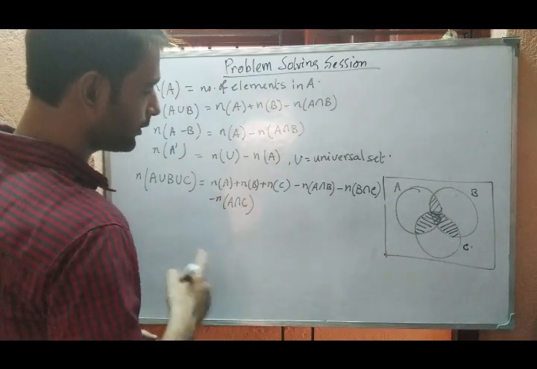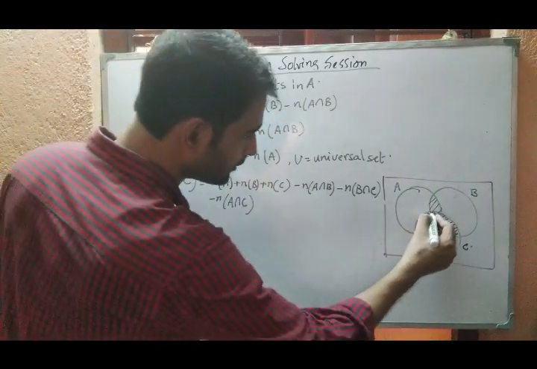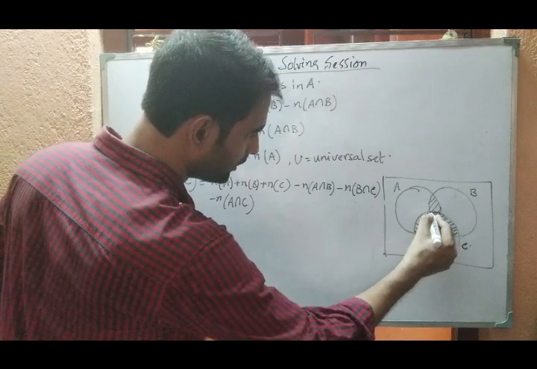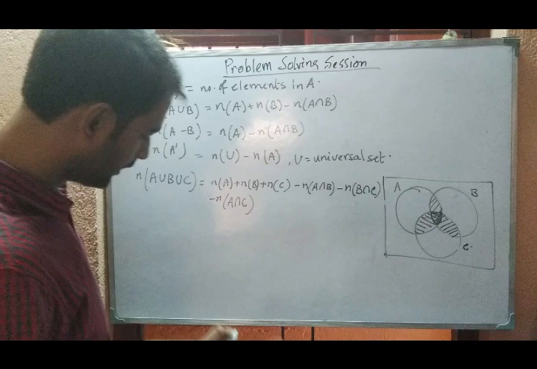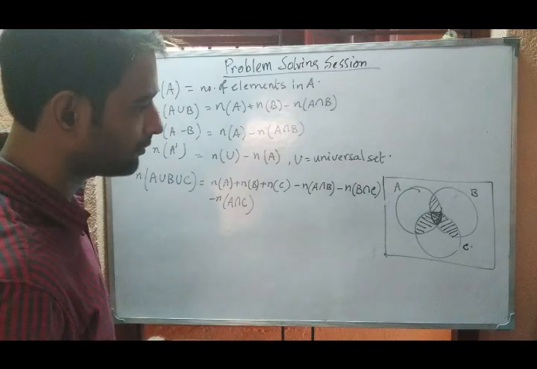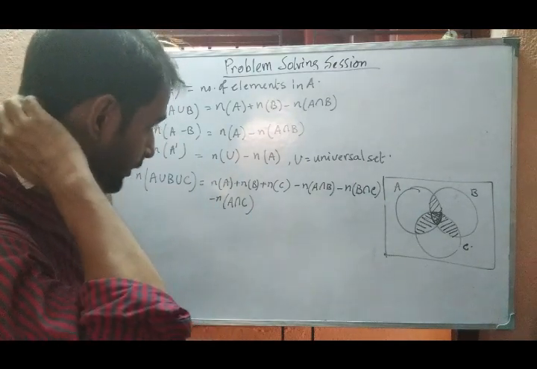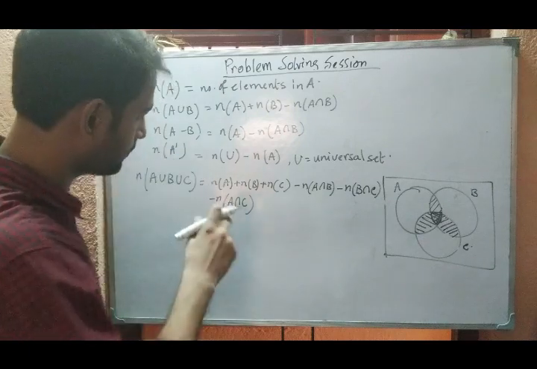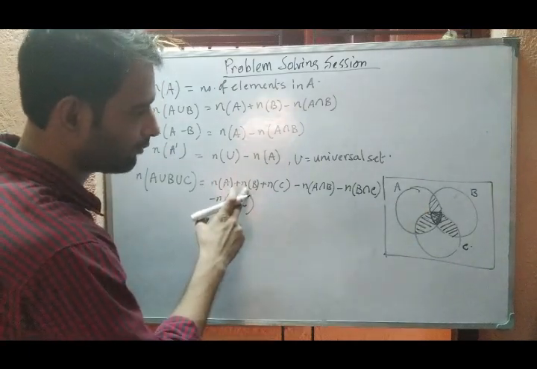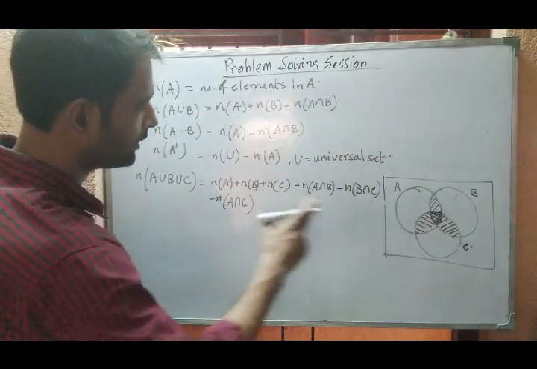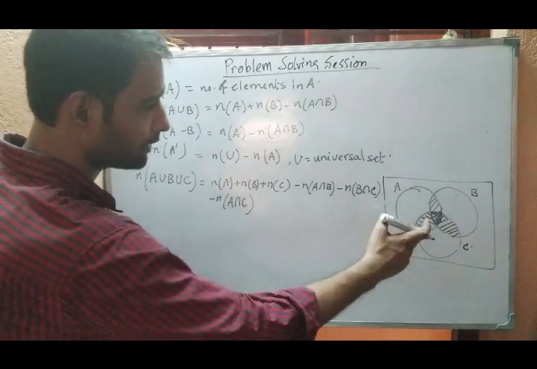But see, for this portion, the intersection of A, B, C, it is subtracted 3 times. Because when we are taking A, it is taken once. When we take B, it is taken once. When we take C, it is taken once.